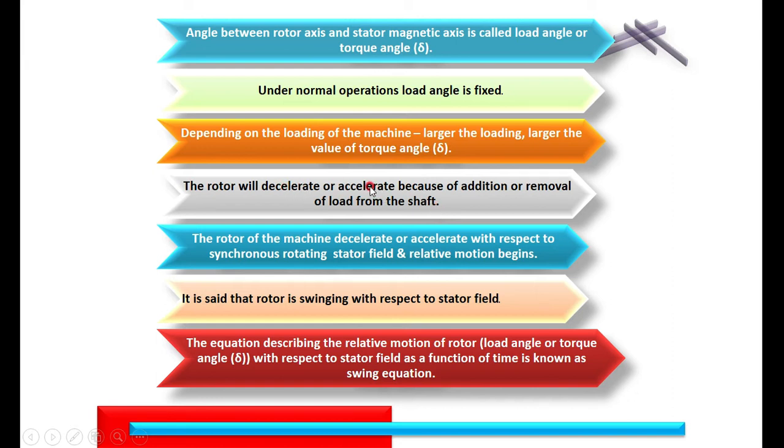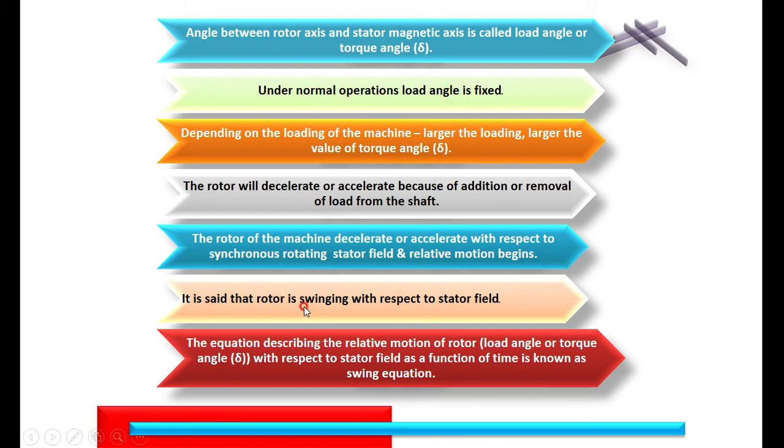If you take off the load, it will accelerate. Because of taking off load or putting load on the shaft, the rotor of the machine decelerates or accelerates with respect to the stator rotating magnetic field, which runs at synchronous speed.